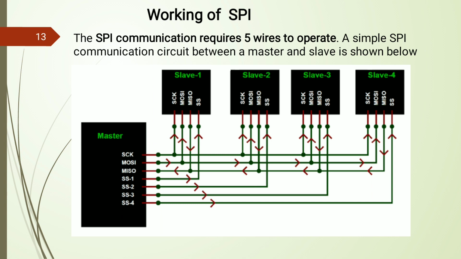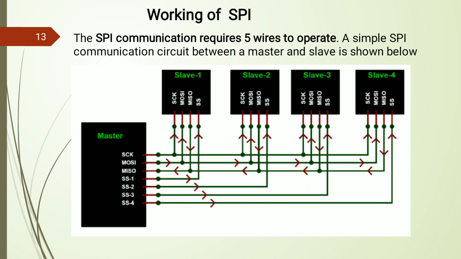Master out means data is transmitted from the master side towards the slave side. Next pin is MISO, master in slave out, that is data is transmitted from the slave side towards the master side. So MOSI and MISO are the data exchange connections.